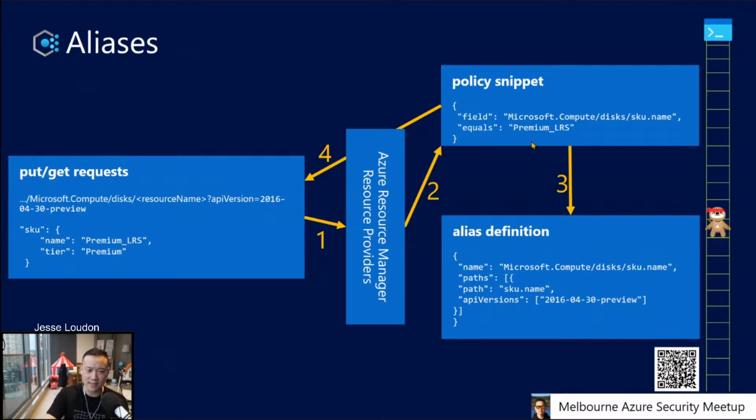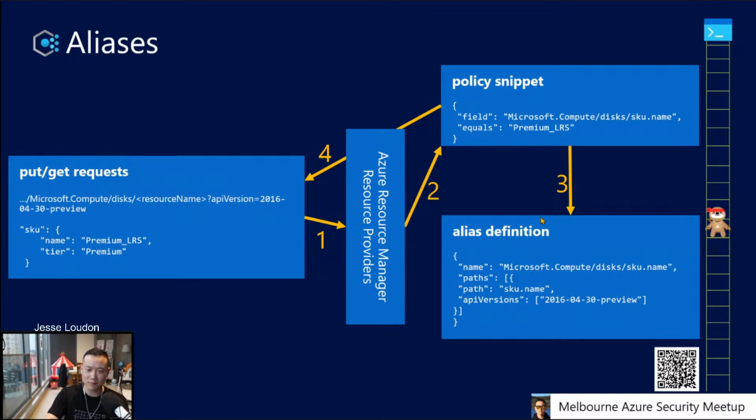Now the problem is that Azure Resource Manager doesn't really know where to retrieve that, because different API versions have different paths depending on what's changed. So what the policy engine does is it looks at the alias definition. It will look for the API version that matches the API version for the put get request, 2016, and here's the path of where I can find the SKU name.